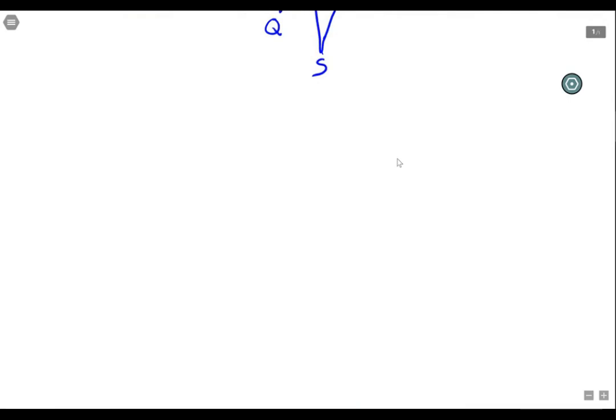Now, if you're looking at your typical ECG here, we had our P wave, we had our PR interval, we'll call it a PRI, we had our QRS complex from the Q to the S here.